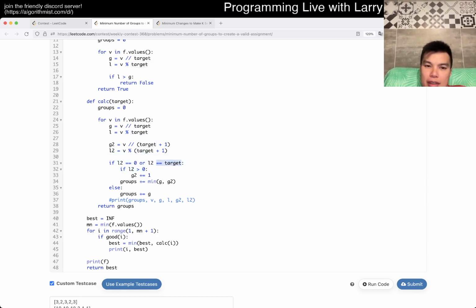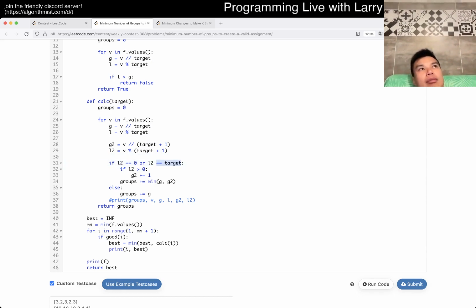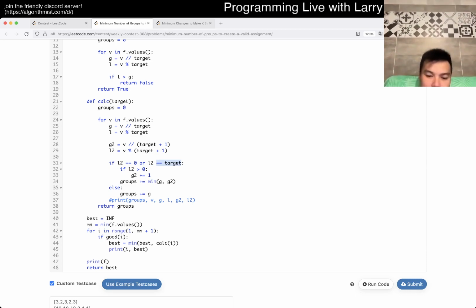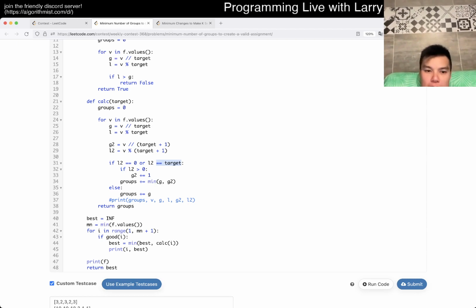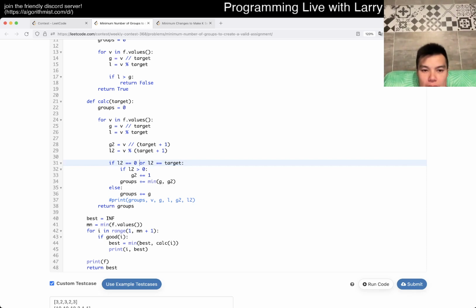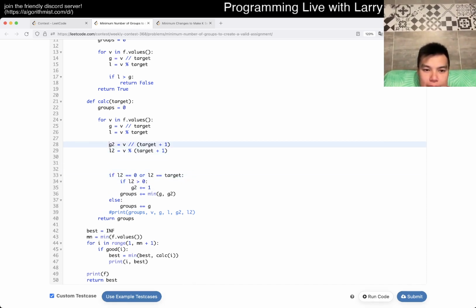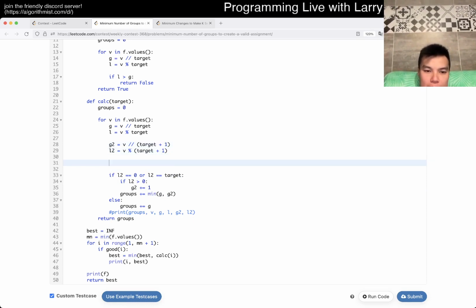This formula is wrong. I'm thinking about it. Okay, so basically if it's equal to 0, then okay, let's just write this a little bit differently.